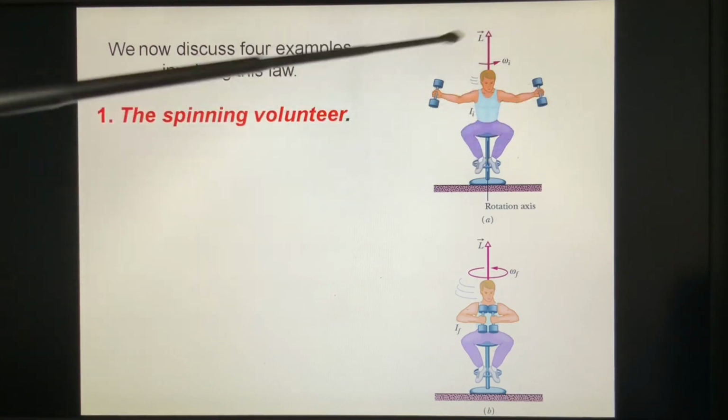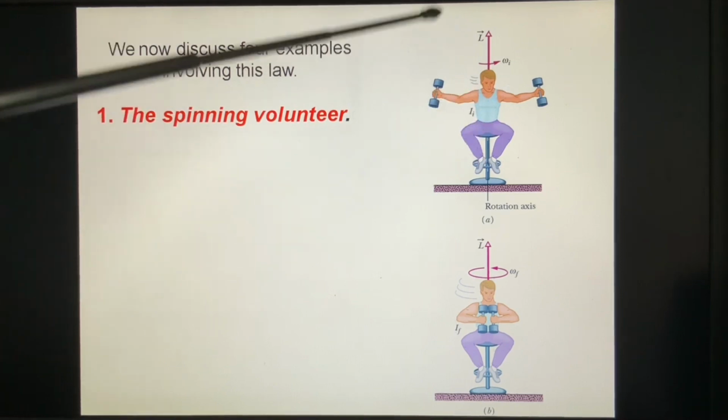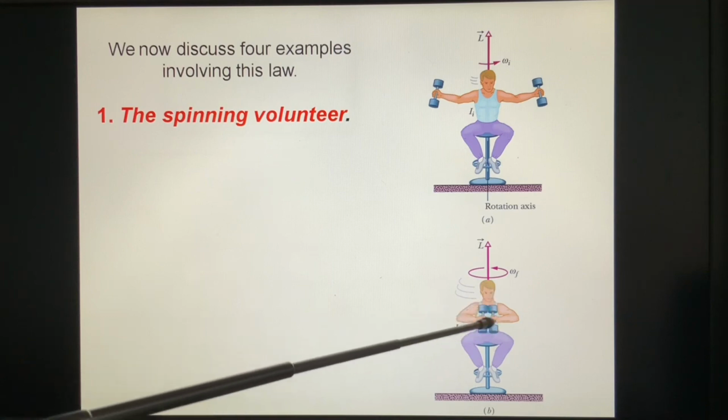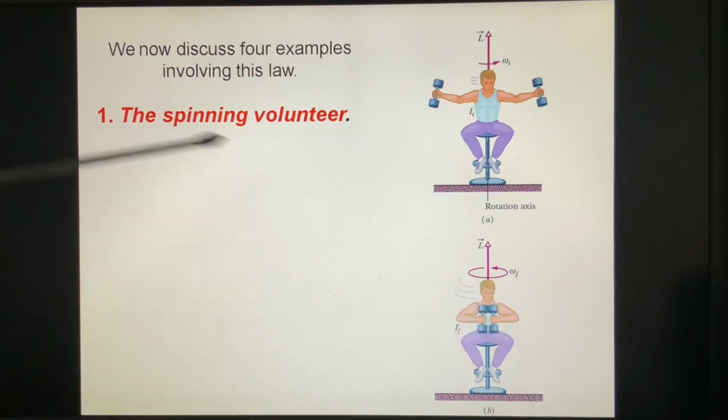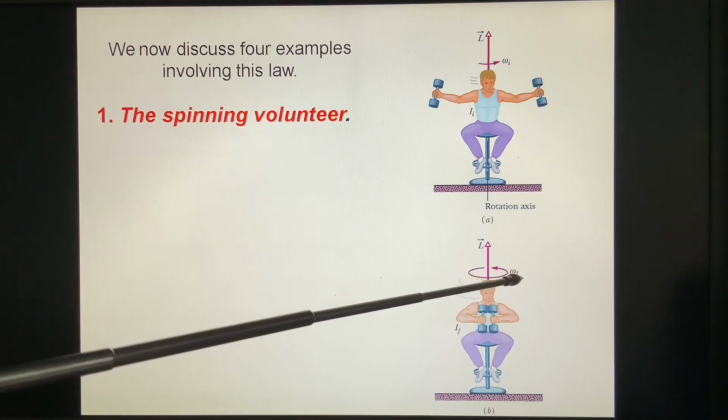At the beginning, we rotate it. Okay, it has an angular frequency. If he moves his hands in this way, the inertia gets smaller. So by the conservation of angular momentum, the final angular velocity should increase.